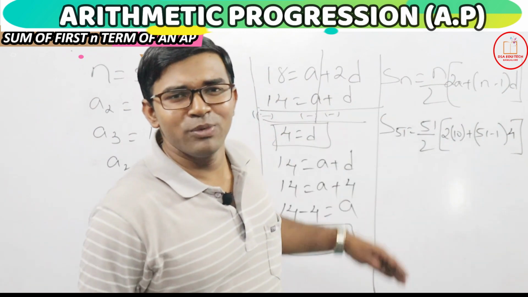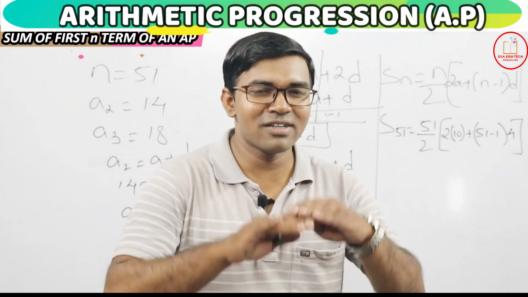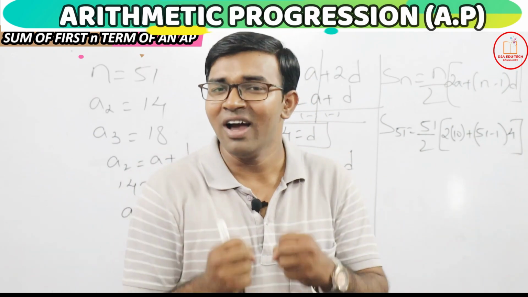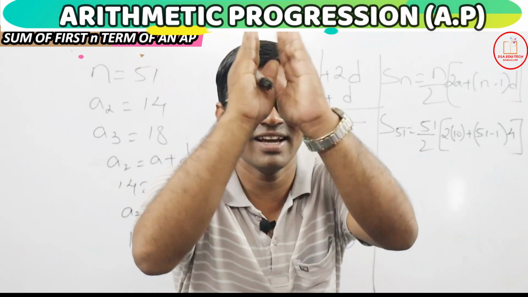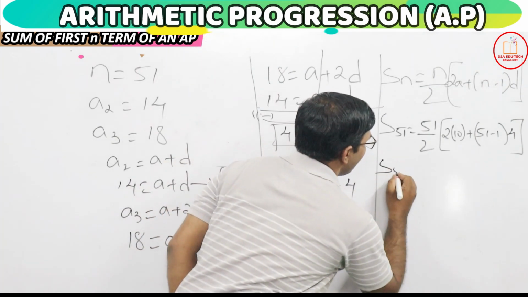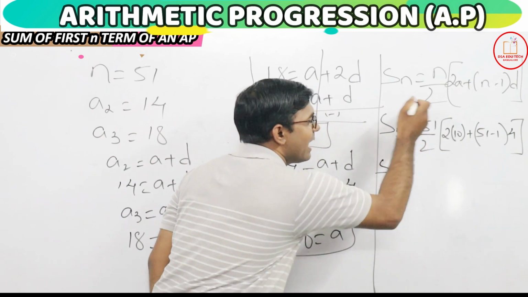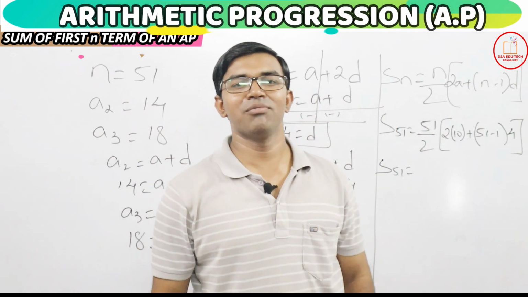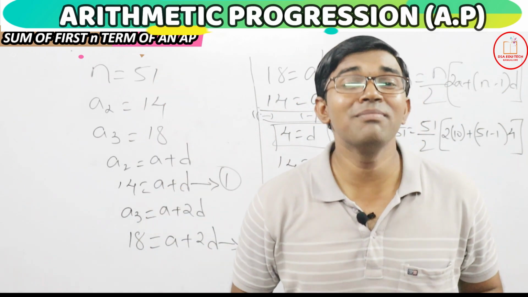Now if you observe till here, this problem has reduced to a normal problem. We just need to do the addition, subtraction, multiplication and get the answer. So let me do that for you. S51 is equal to, can I divide 51 by 2? Yes, I can, but I will get a decimal number.